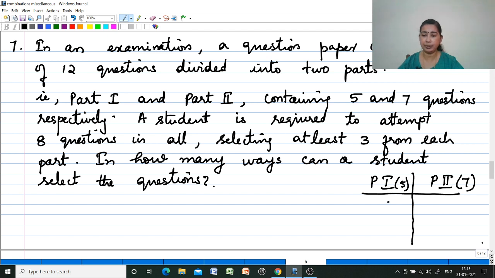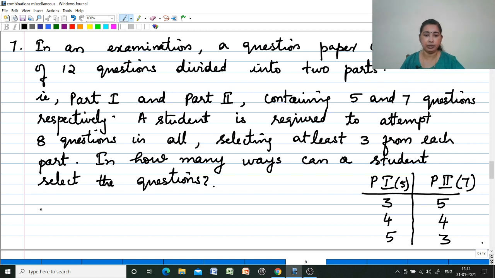So if a person is selecting 3 from this side, total he has to attempt 8 questions, so 5 should be selected from the second part. If he is selecting 4 from this side, he should attempt 4 from the second part also. Then if he is attempting all 5 from the first part, he can take 3 from the second part.